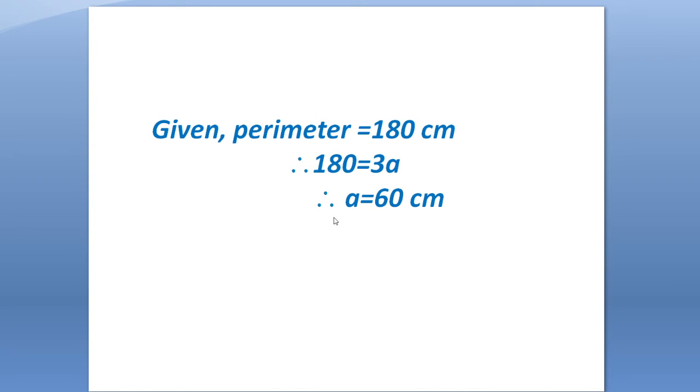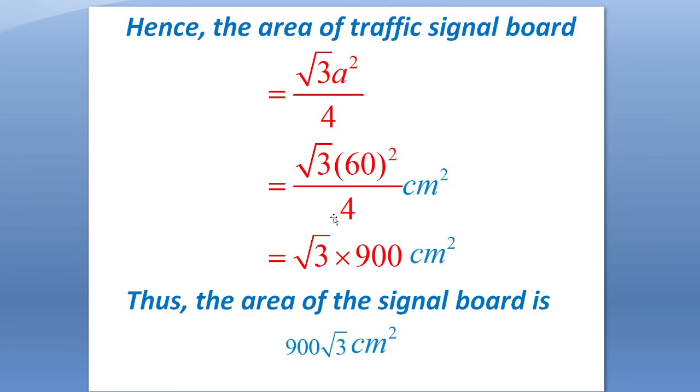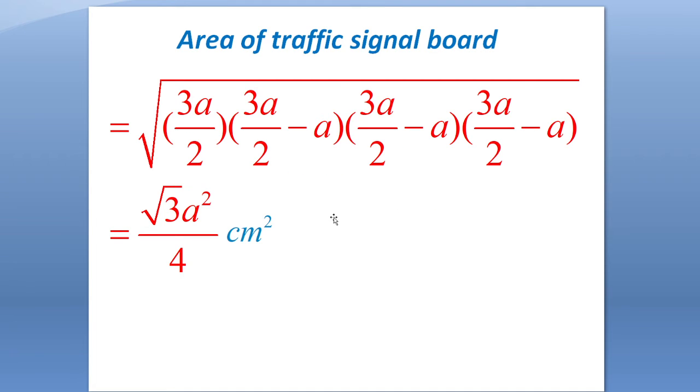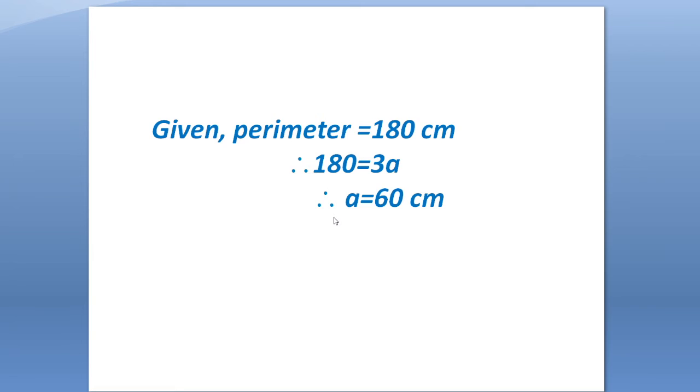Now we are given the perimeter is 180 centimeter. So 180 is equal to 3A, as all sides are equal. So A is equal to 60 centimeter. Hence the area of the traffic signal board is equal to root 3 A square by 4. We have calculated here root 3 A square by 4.